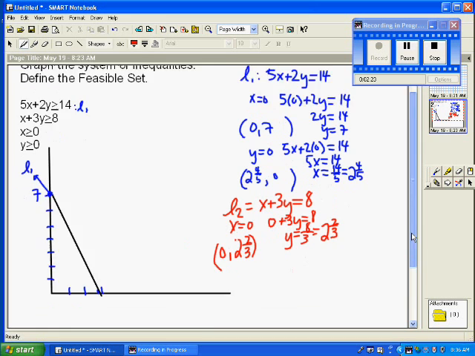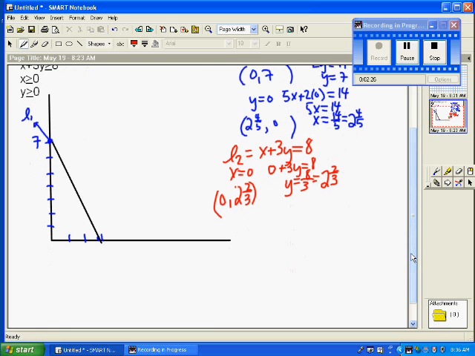I'll come down a little bit and go ahead and find out when y equals 0. I've got x plus 3 times y equals 8. x equals 8. So I've got the ordered pair (8, 0). So now I'm going to go ahead and plot those two. 2 2/3 on the y-axis is about right here. I'm going to go ahead and label that since it's not exact.